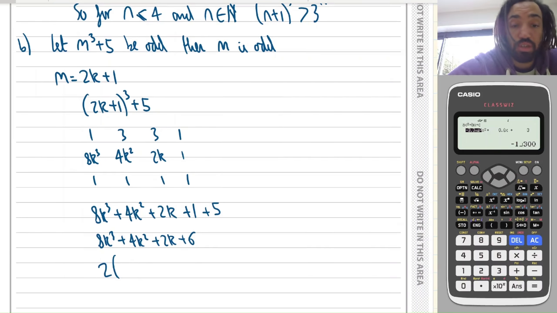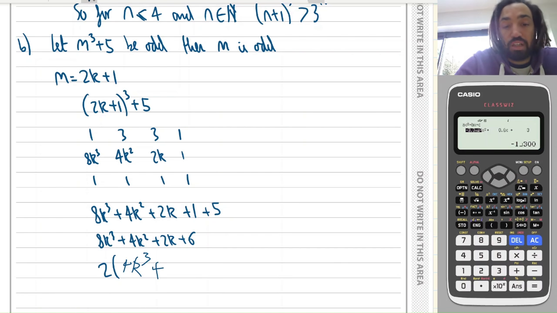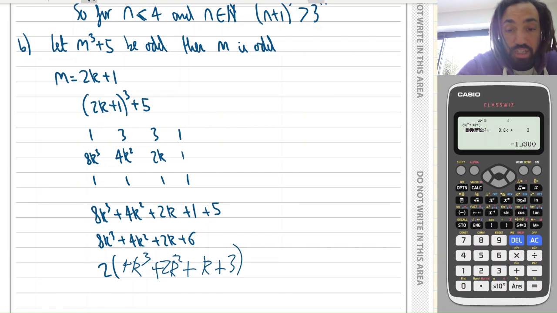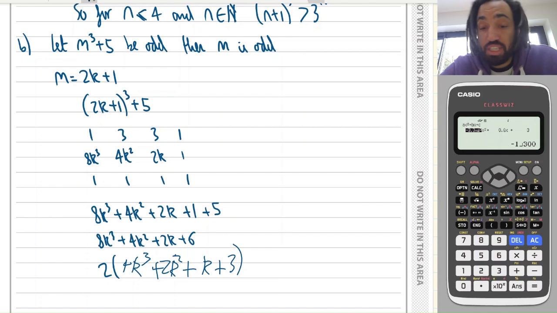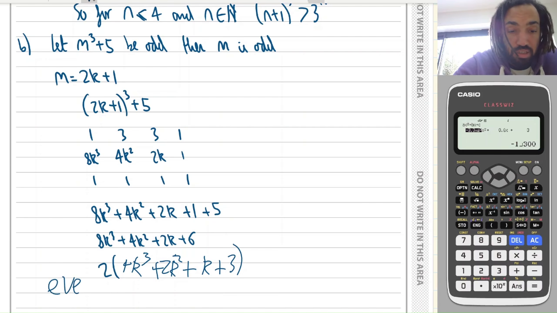So I'm going to get 2 times 4k cubed plus 2k squared plus k plus 3, and we're going to say that this is even, and we're going to say that's a contradiction because we started by saying that this was going to be odd. Apologies for the pen lagging.